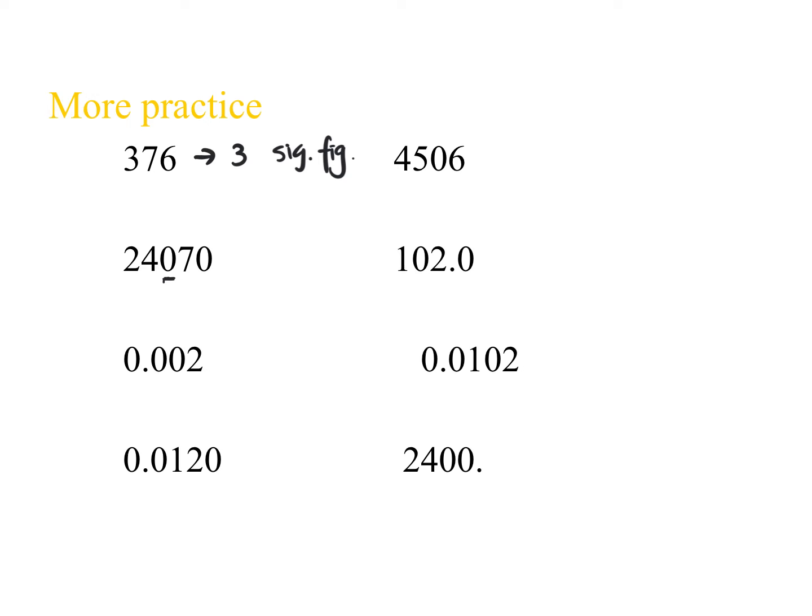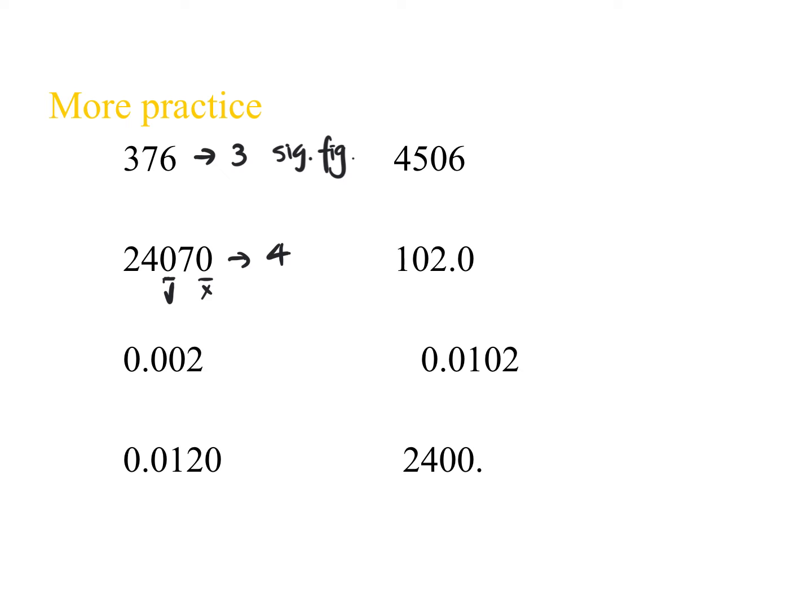This zero is a trapped zero, so it is significant. This is a trailing zero, and it is in front of an implied decimal point, not an actual decimal point. So this zero does not count.